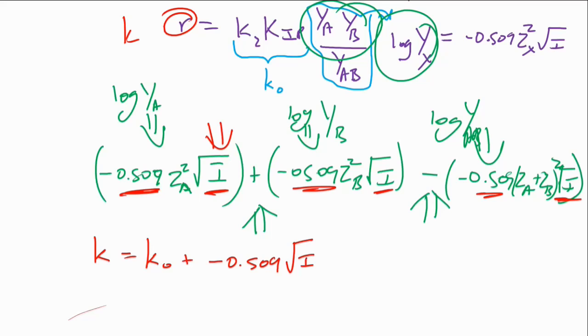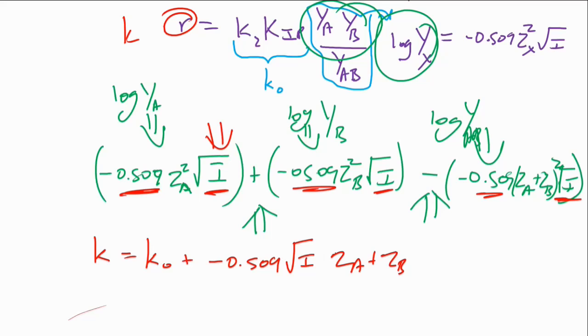Okay? And then we could write over here ZA, and then what else we have? We have also ZB. So we'll put plus ZB.